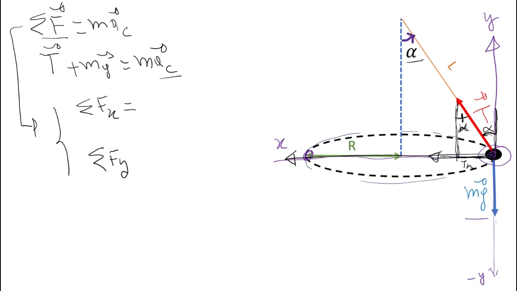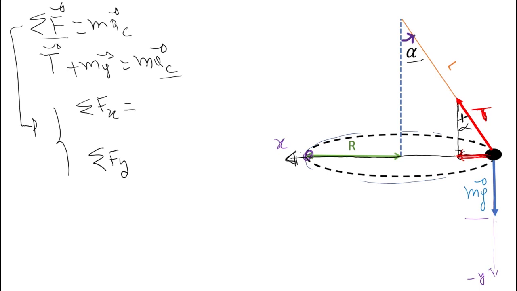Let's clean this and clarify this first. We said our x-axis is this line. So if I drop this tension T on x, this is 90 degrees, and this angle we said is alpha. So what will be this T? This is T, and we want the coordinate of T on the x-axis.